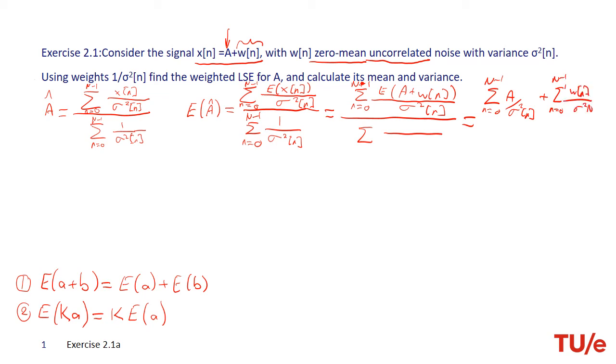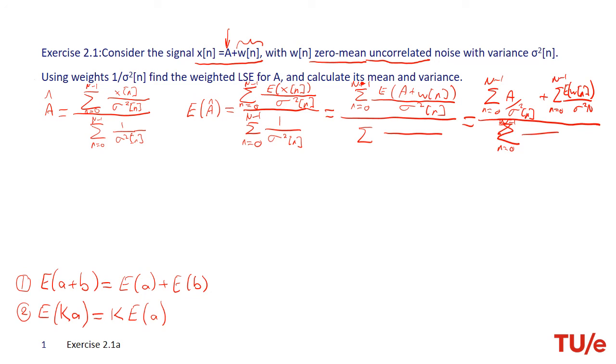Oh, sorry, there has to be the expected value here. Yes. And in the denominator, we still have the same stuff. So what happens here? We have the expected value for the noise sample. Remember, it's zero mean. The expected value for the noise is zero.